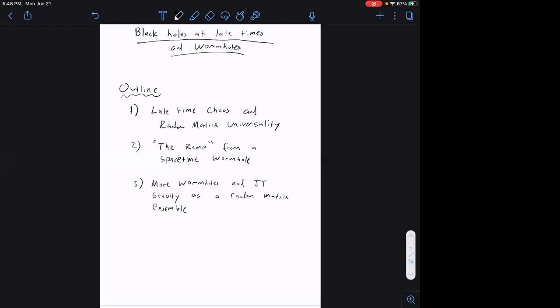There's going to be some math having to do with random matrices that we'll use to explain that physics, and that math will also end up being useful for the third lecture, so it's a bit of a dual purpose. The second day, tomorrow, we're going to talk about some signatures in gravity of these chaotic features. And then the third day, we're going to talk about very specifically one toy model of gravity, JT gravity, and how it's very closely related to some of these random matrix theory ideas we're going to talk about today.